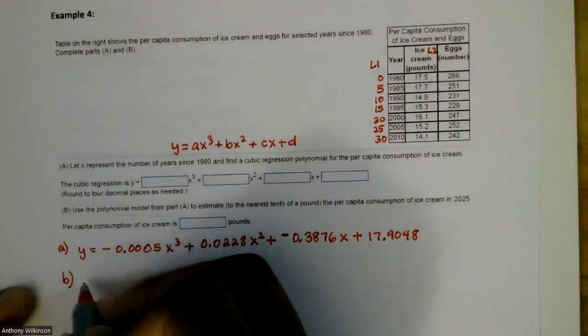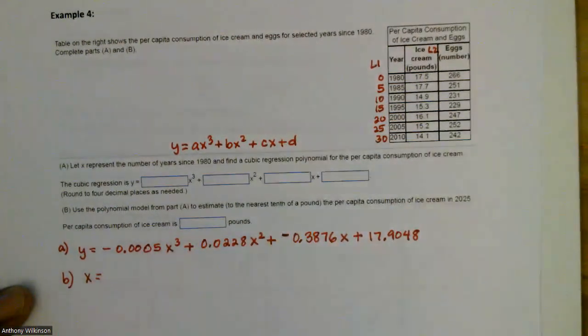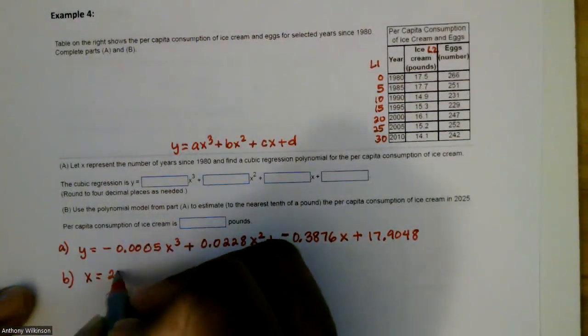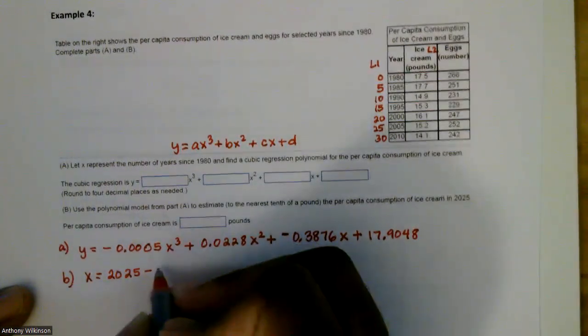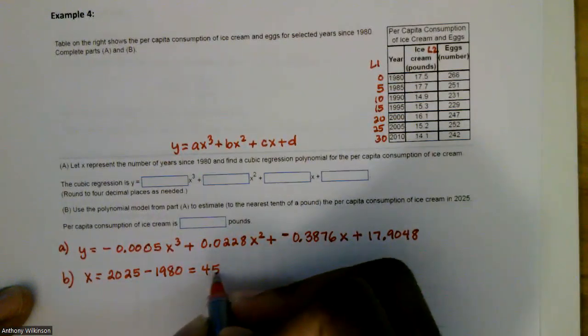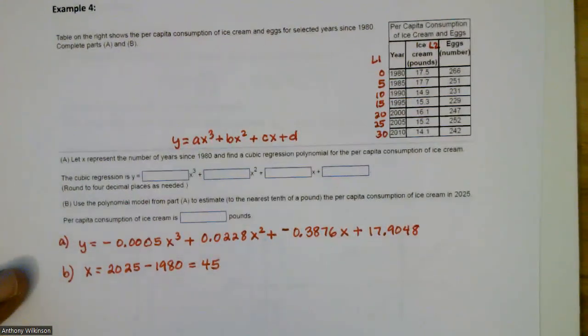Well, let's find out what X is, because X represents the number of years since 1980, and we're dealing with 2025. So let's subtract 1980 from 2025. That would mean X will have to be equal to 45.